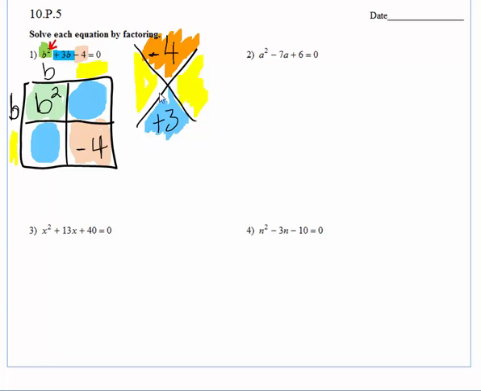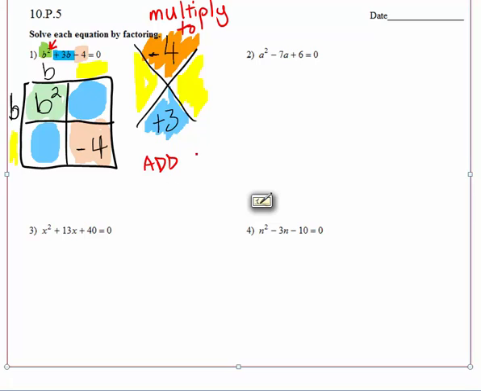So just for your notes, this number is what the two factors in yellow, the lead number in orange, multiply to. They multiply to -4.